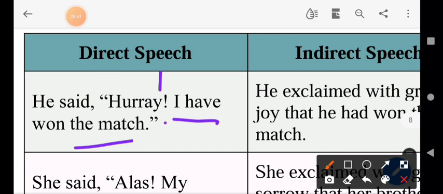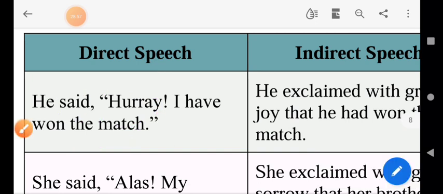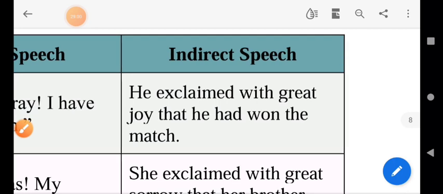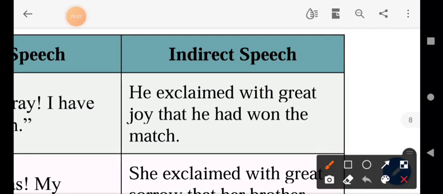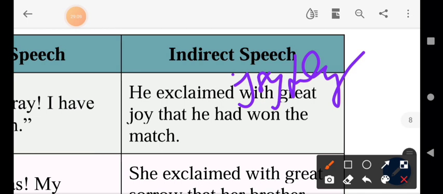What changes have taken place? The reporting verb changes into "he exclaimed with great joy," or exclaimed joyfully.